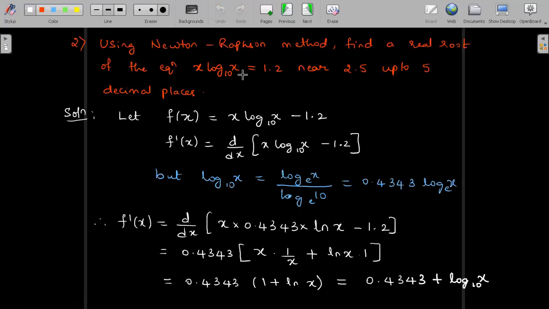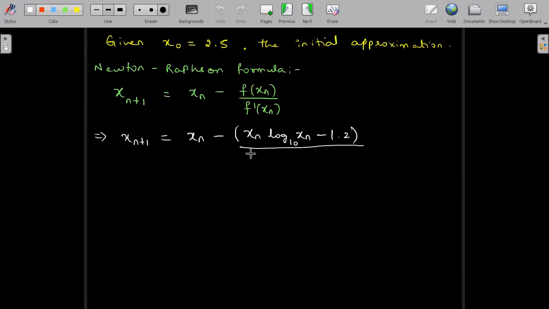Xn log xn to the base 10 minus 1.2 is the given f of x. Now the differentiation f dash is 0.4343 plus log xn to the base 10.